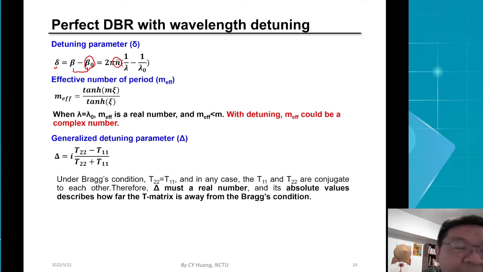And for simpler notation, we also define a number called the effective number of periods.